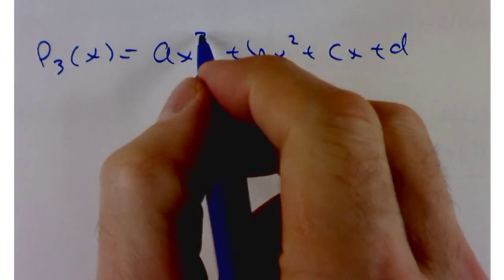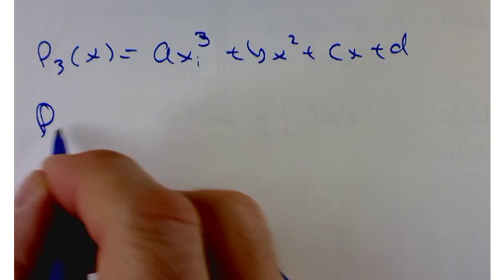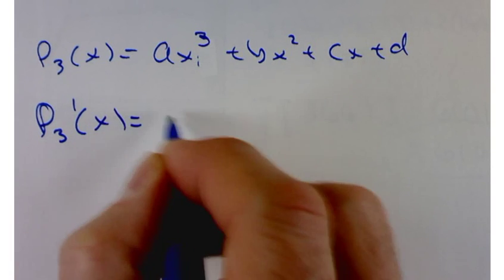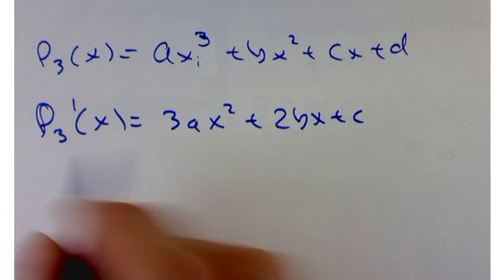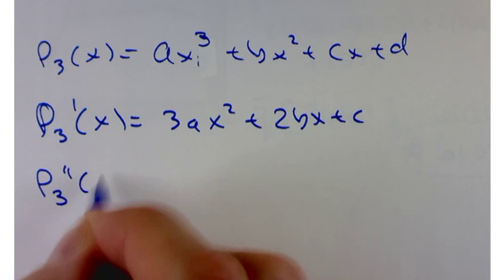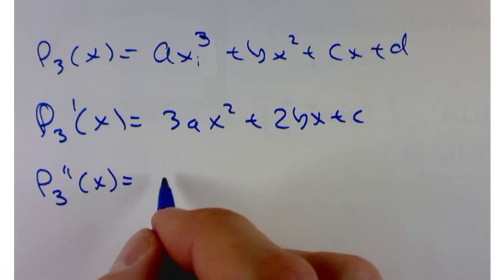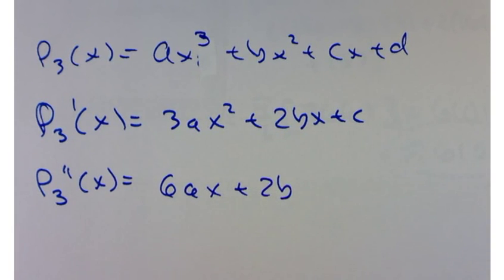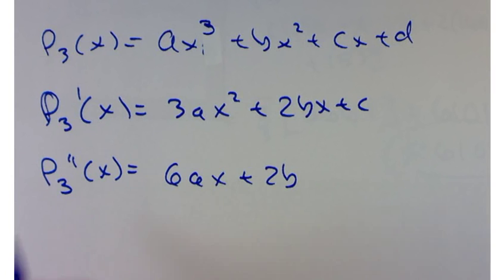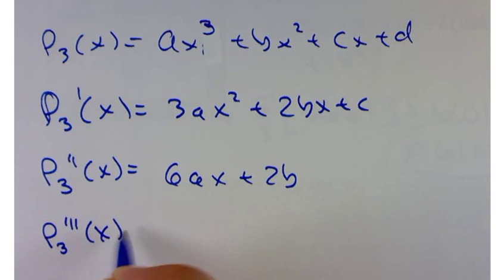So for the cubic, p3 prime of x would be 3ax squared plus 2bx plus c. The second derivative is 6ax plus 2b. What's the third derivative? Just 6a.